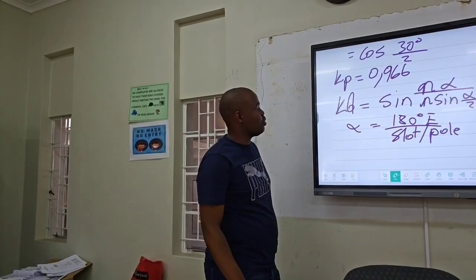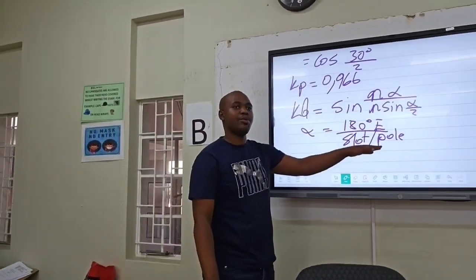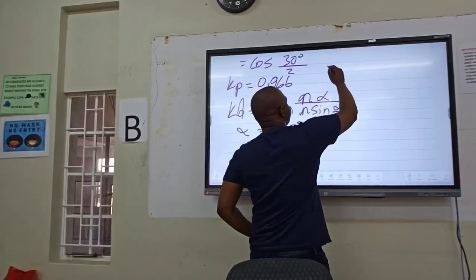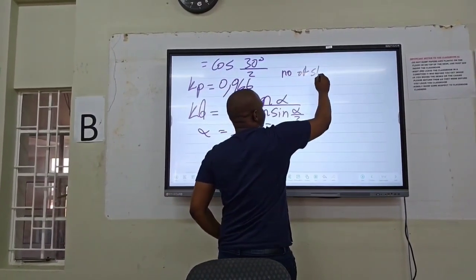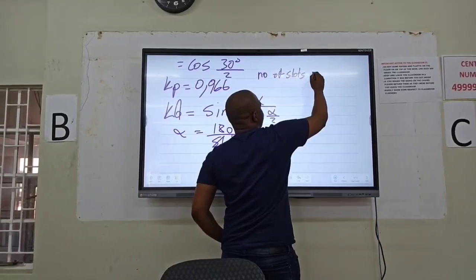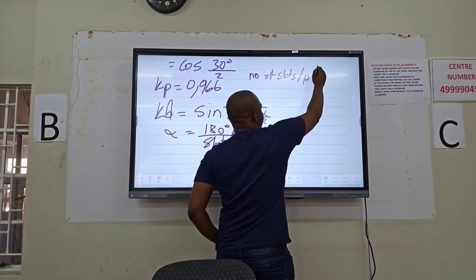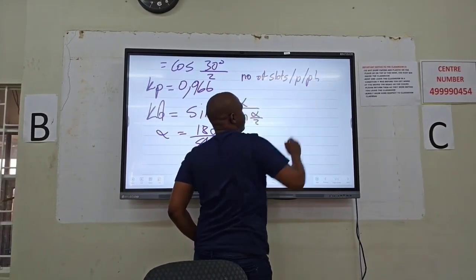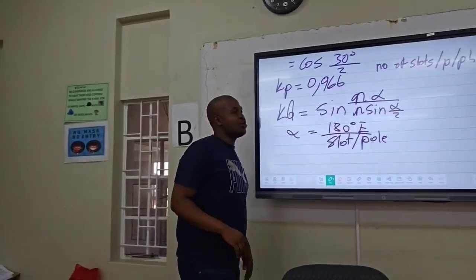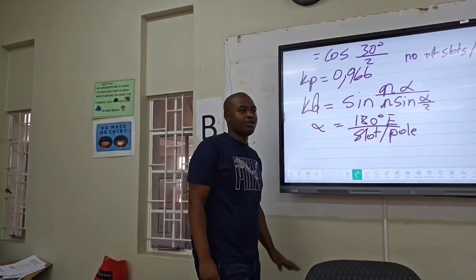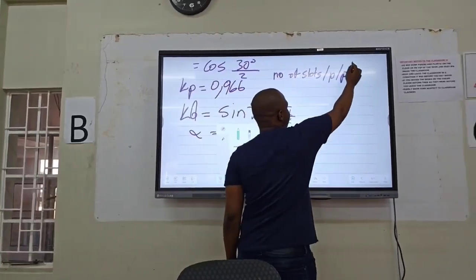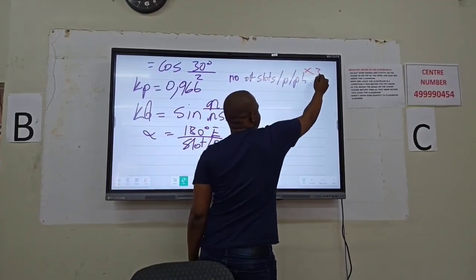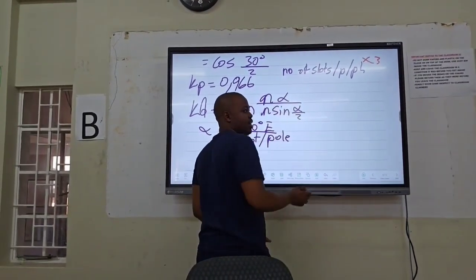How do I get the slots per pole? Remember the number of slots per pole per phase. To get the number of slots per pole, I just need to multiply by the number of phases, which is 3.